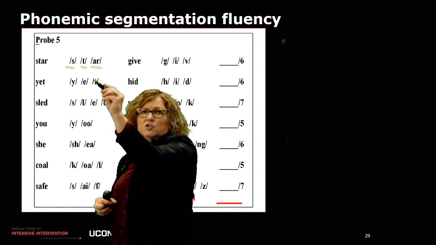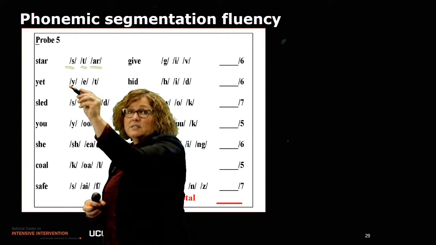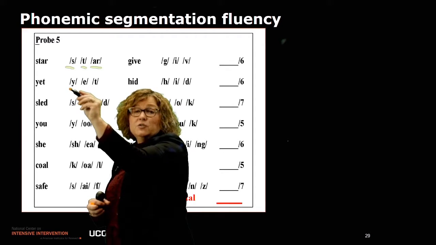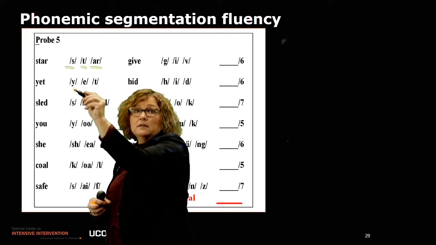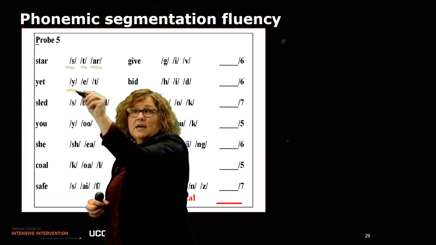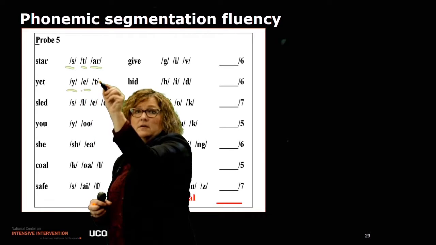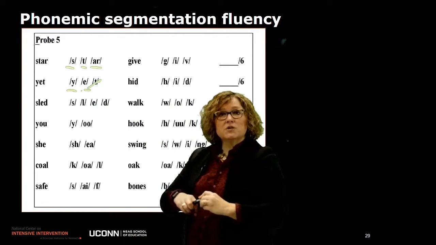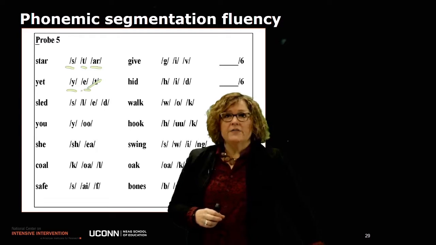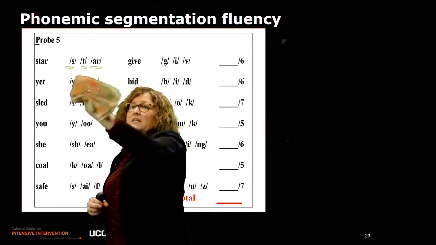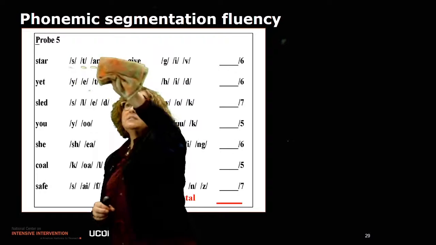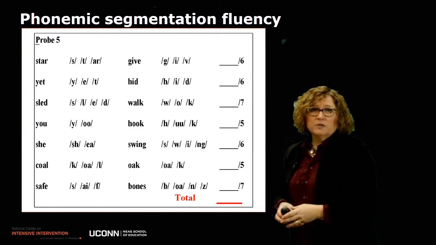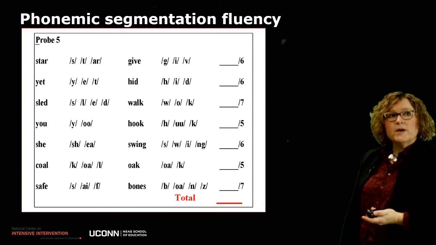Sometimes then in certain scoring programs, if the student does not say the sound correctly, like in the word yet, if the student said y, e, l, for instance, we would say y, e, and then actually put a slash through the sounds that the student does not say correctly. The number then that is graphed is the number of correct sound segments that the student says in the time that's given, which is typically 1 minute on this particular measure.